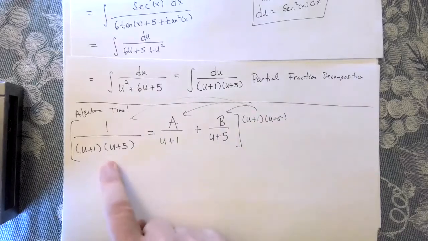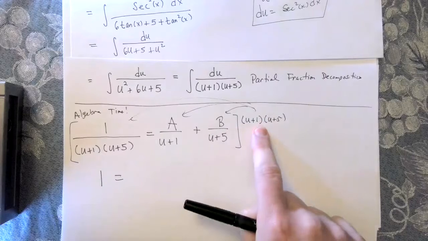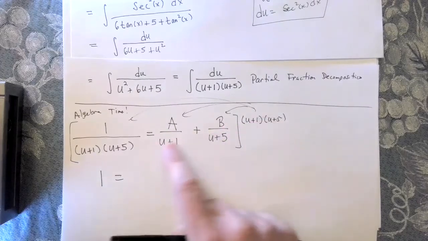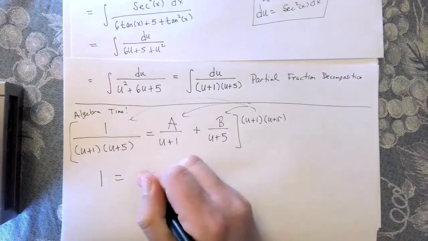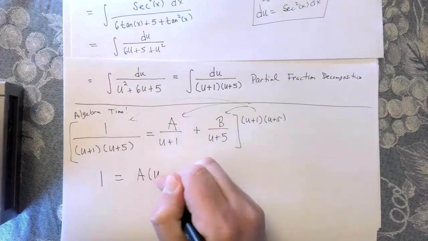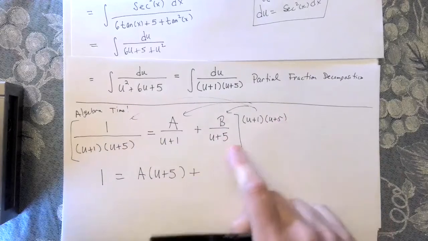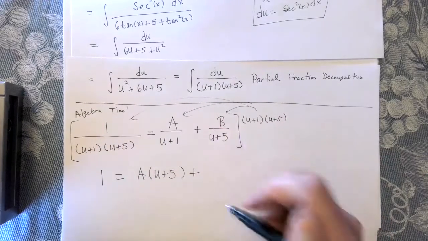This over this is 1. That seems nice. And then, if I have this times this, imagine what would cancel out here. So those would cancel out. So goodbye. I'd be left with A times u plus 5. And then over here when I distribute, you can see that the u plus 5s will cancel, and I'd be left with B times u plus 1.